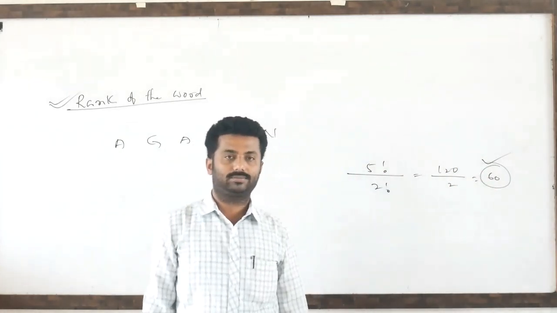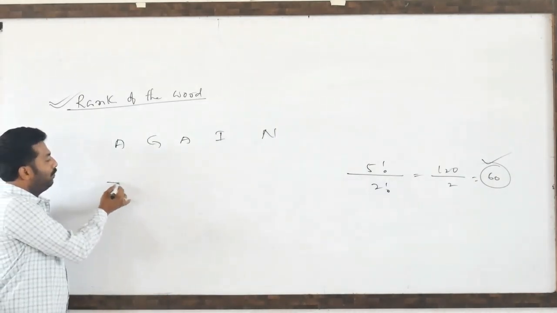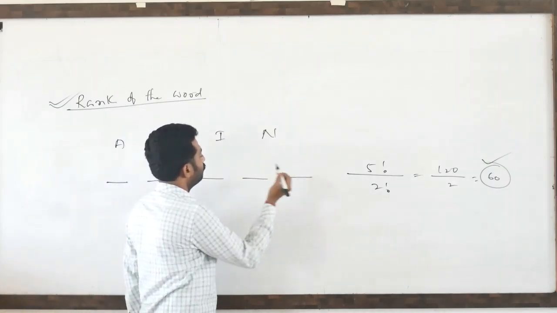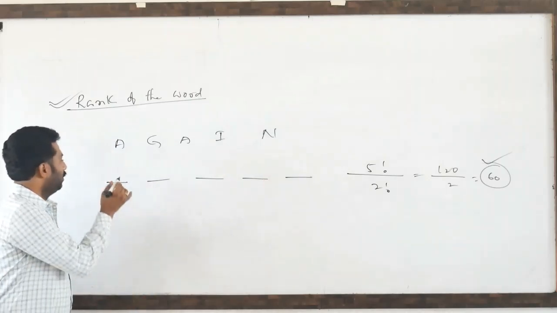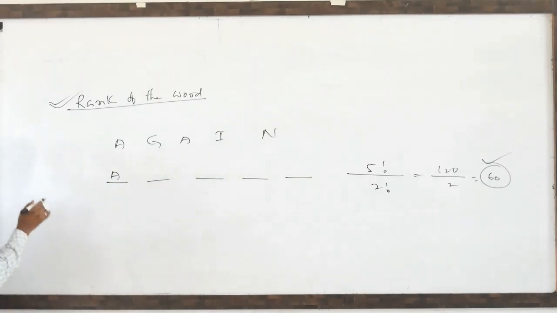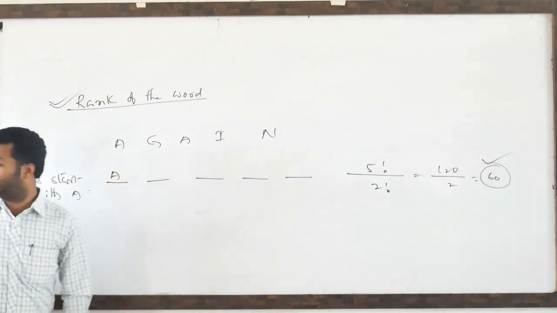They are asking the question: the 50th word. Very clear. So 5 letters are there, and we take 5 blanks, 1, 2, 3, 4, 5. So the words that start with A. How many words start with A?